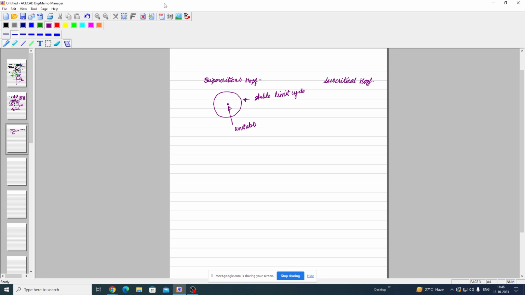So I did not cover them in detail because we already have a very packed course. But this is all you need to know for now. And if the limit cycle is unstable, so we are reversing them, unstable, and you have a stable fixed point inside, then we are dealing with the subcritical Hopf.